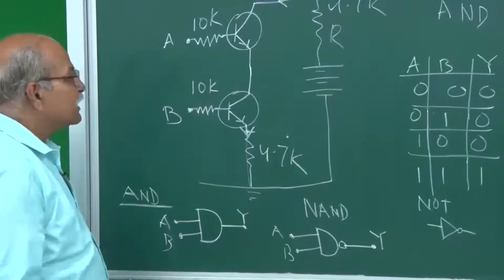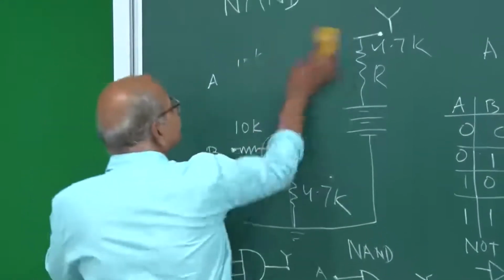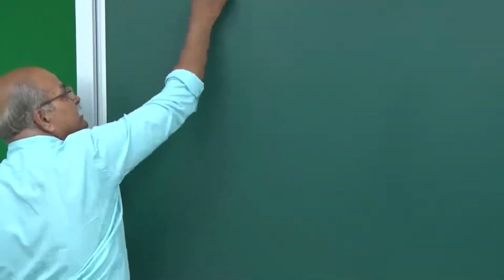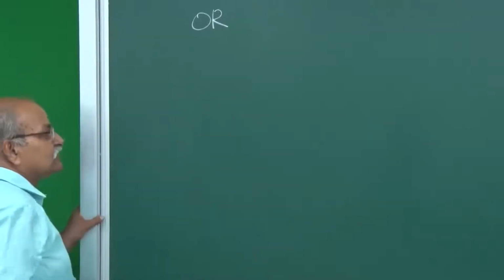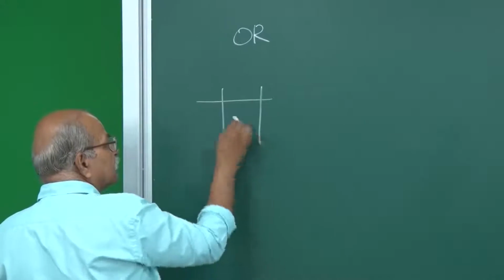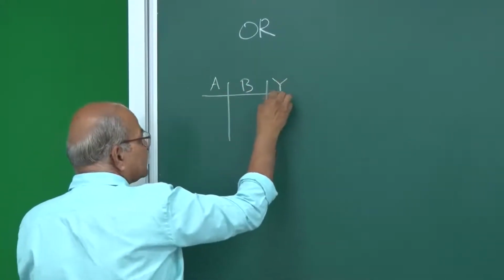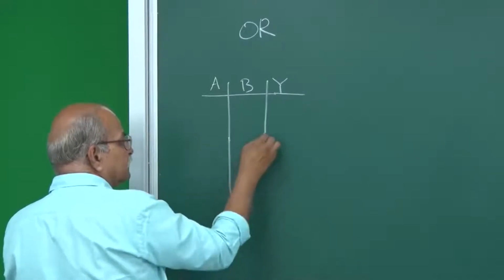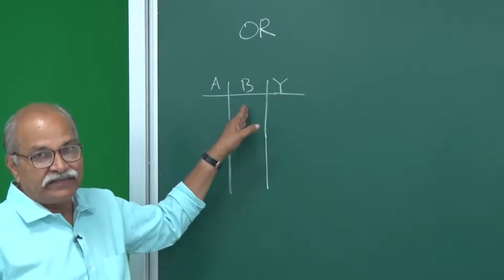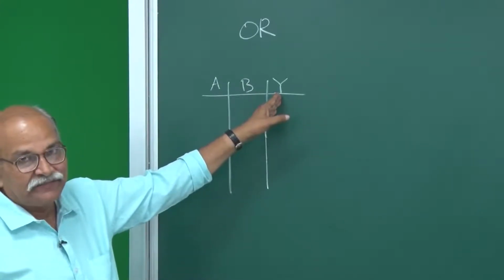Okay, now the next will be OR gate. So our next is OR gate, and the OR gate means A, B, Y, and then if any of these two inputs is high, this should be high.